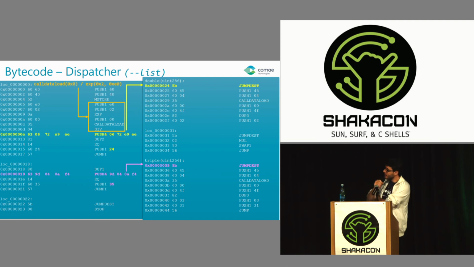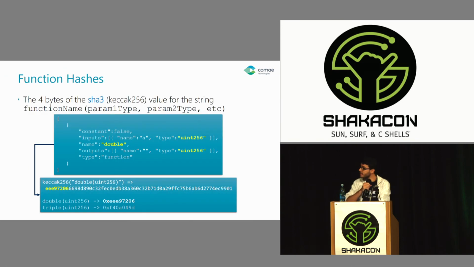And like I was explaining before, each time you see a jump, you see a JUMPDEST to ensure the integrity of the destination. The function hashes are not generated randomly. They actually follow a specific design. It will do a SHA-3, so a Keccak-256, of the function name and then the type of each parameter.